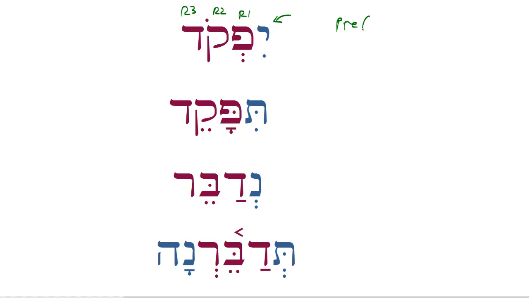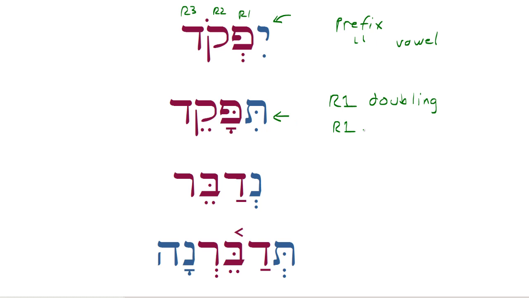So the first things we worry about are the prefix, if it exists, and the prefix vowel. Next we'll look at the R1 and determine if there's any doubling of R1. So for this root here, notice that there is a dagesh forte for the R1 consonant, and we can tell it's dagesh forte because it comes after a full vowel.